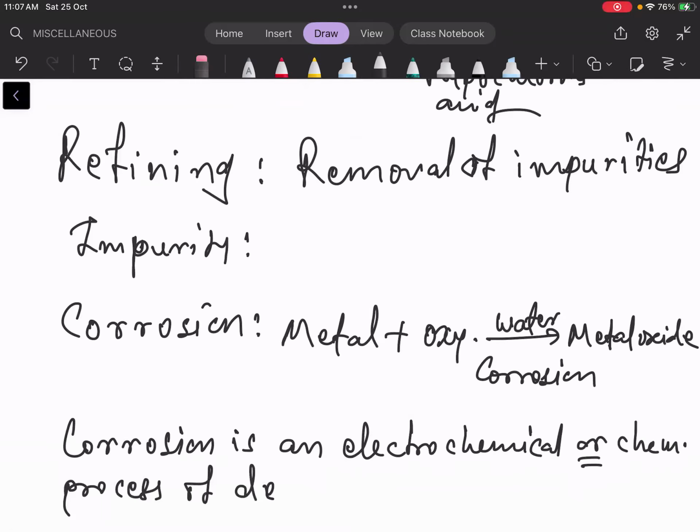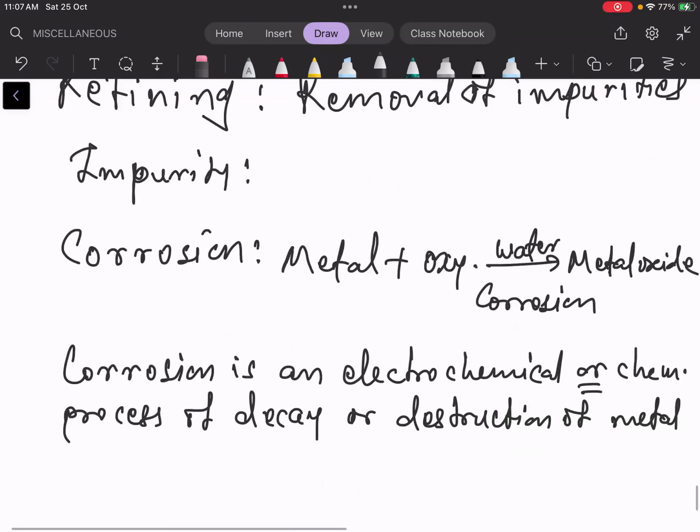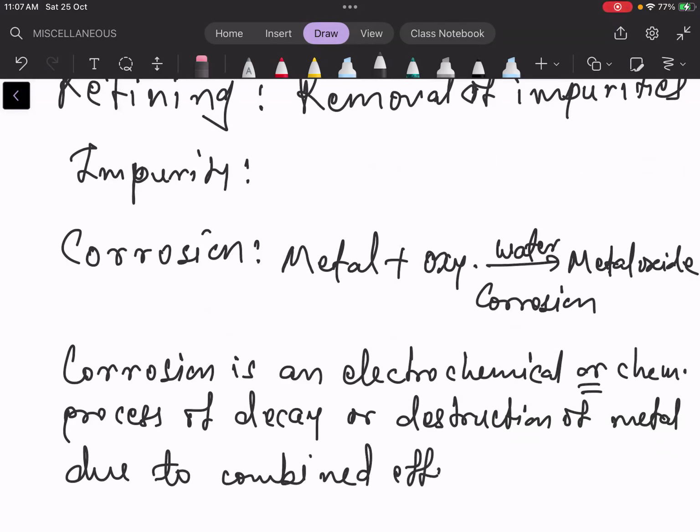of decay or destruction of metal due to combined effect of oxygen and air.